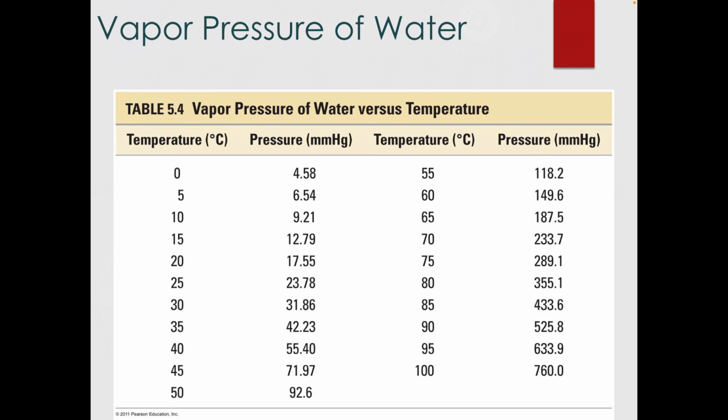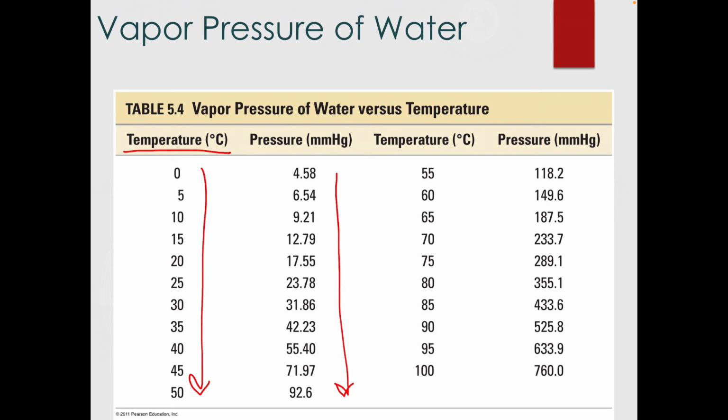So here is the vapor pressure of water table. This is always going to be provided to you. Please don't go around trying to memorize any of this information, but you're always going to take your temperature in Celsius, and you can use that to find what pressure is due to water. And you'll notice as we increase temperature, we increase our vapor pressure.